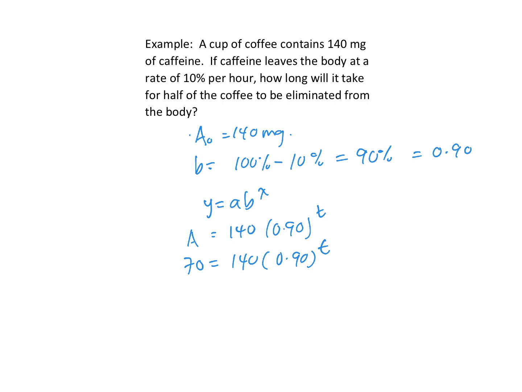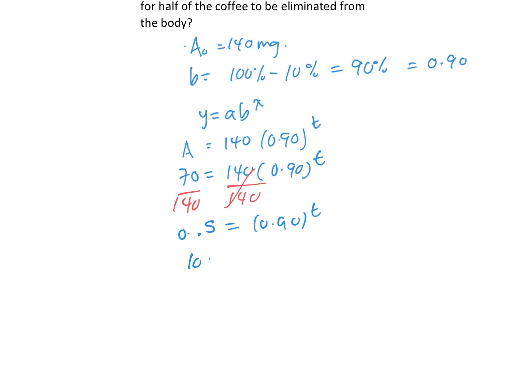We will divide both sides by 140 to get rid of that, which leaves us with 0.5 or 1/2, which is what we expected because it says half is left. And then we will solve by change of base formula. Log 0.5 divided by log 0.9 equals t. And then t is 6.58 hours.